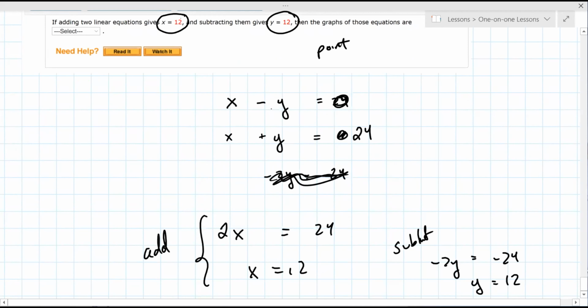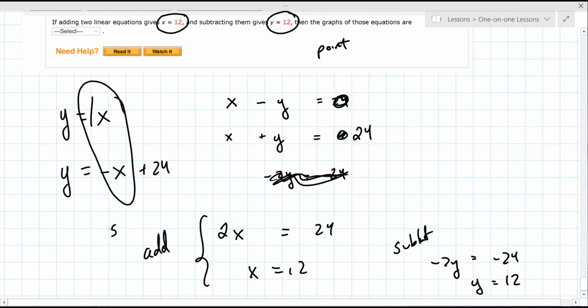So what does that mean? Well, if I solve this first equation for y, I get y equals x, or y equals 1x. If I solve the second equation for y, I get y equals minus x plus 24. And the slopes here, you can see that the slopes are perpendicular. And that's one of the options there.